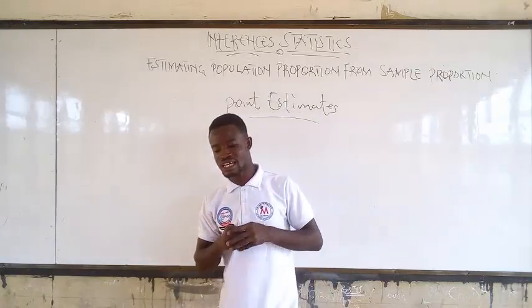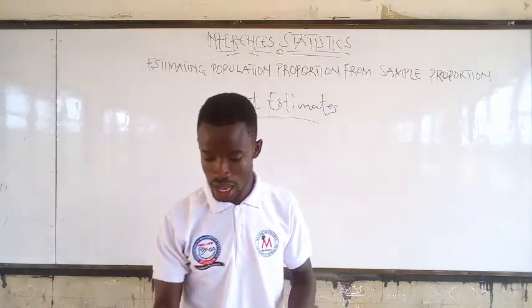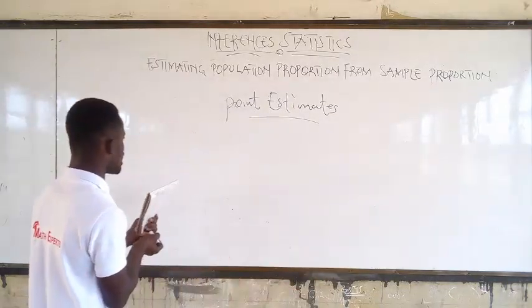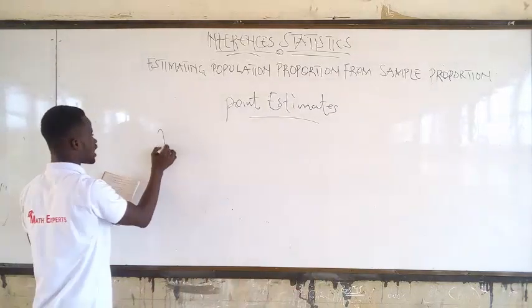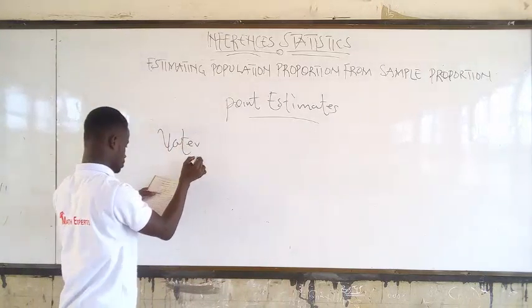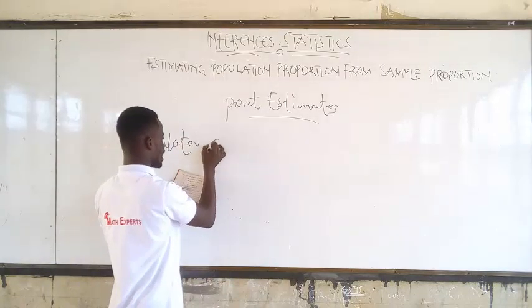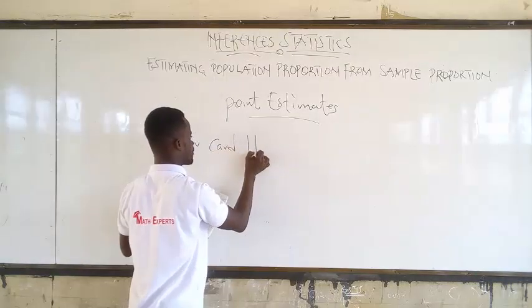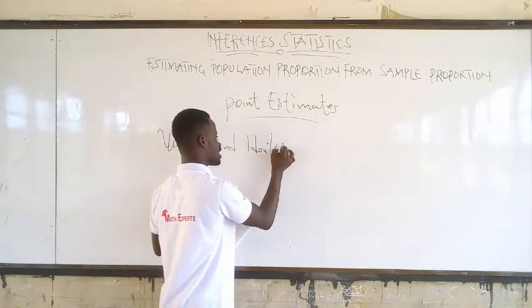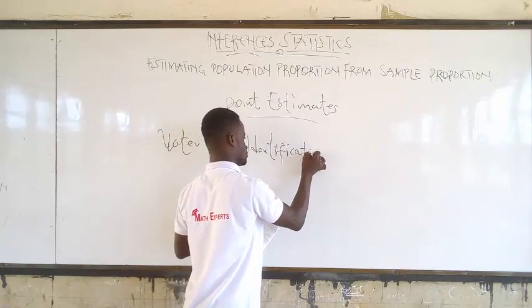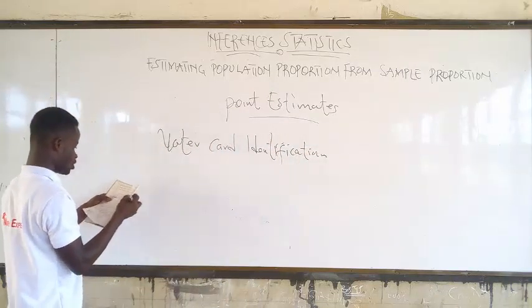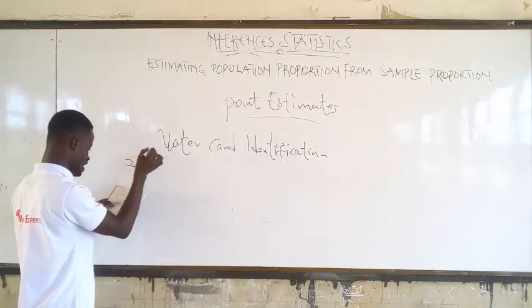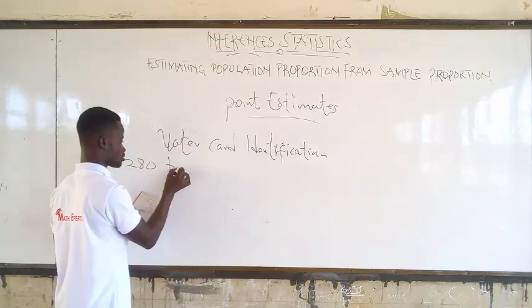Good. So let's say, for voter card identification. So 280 tracks.